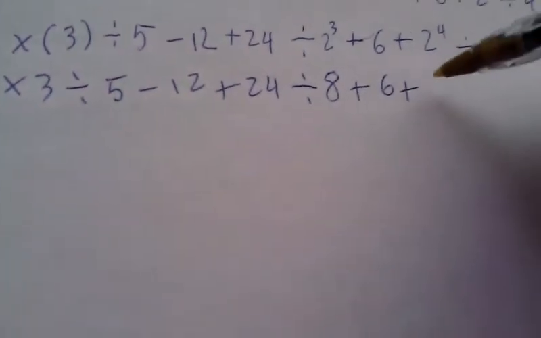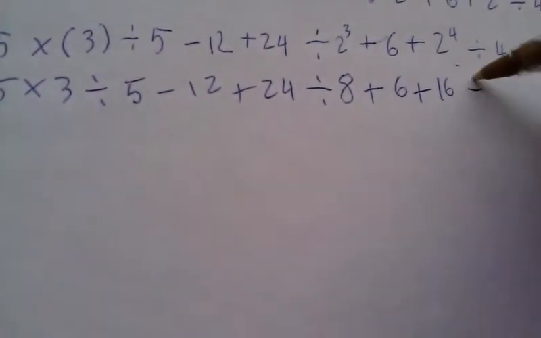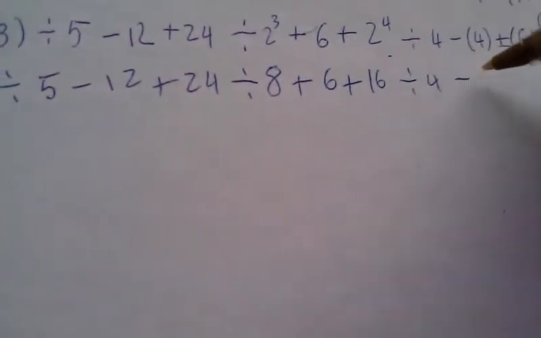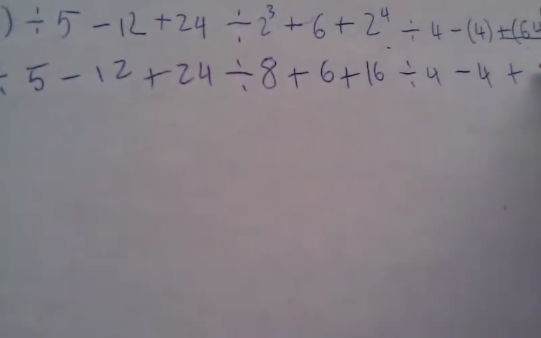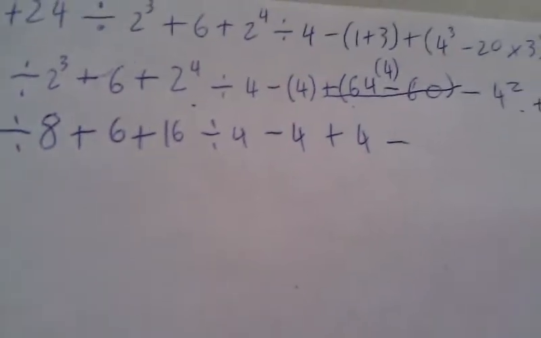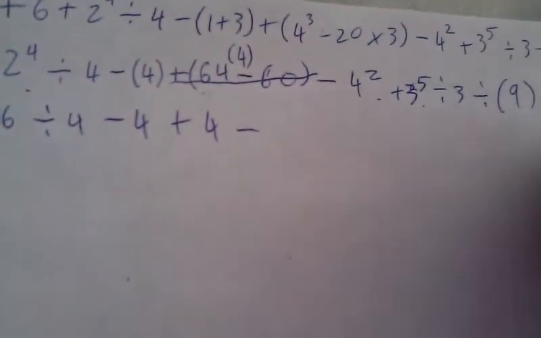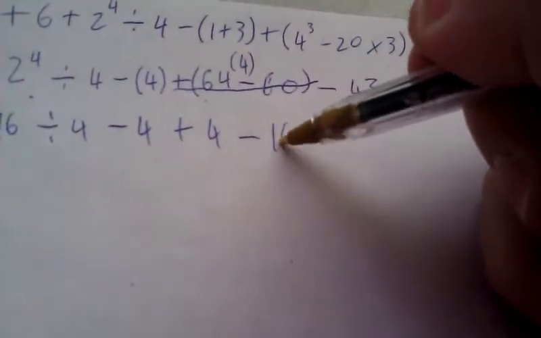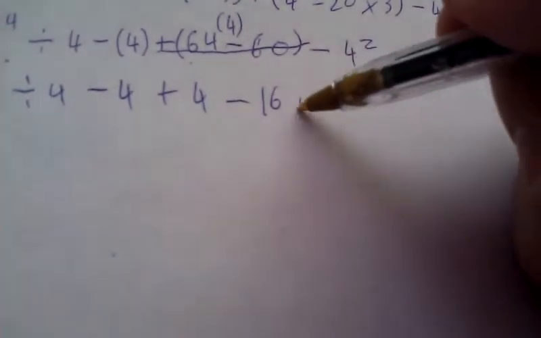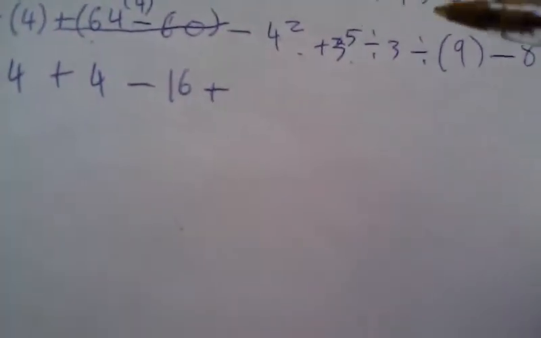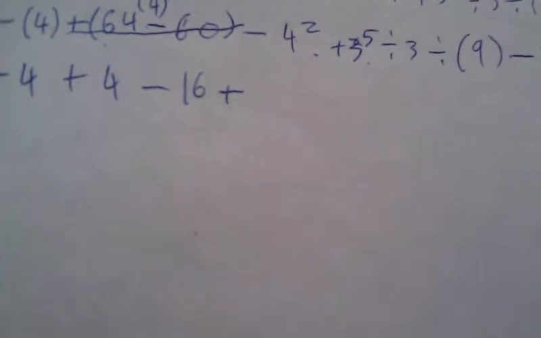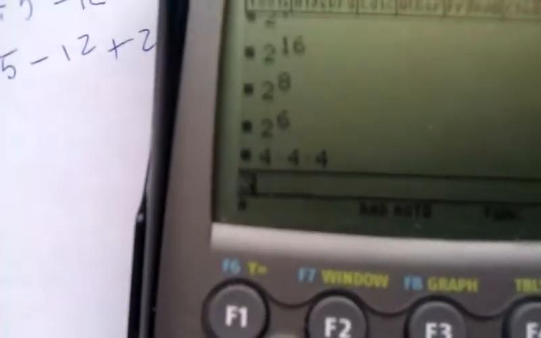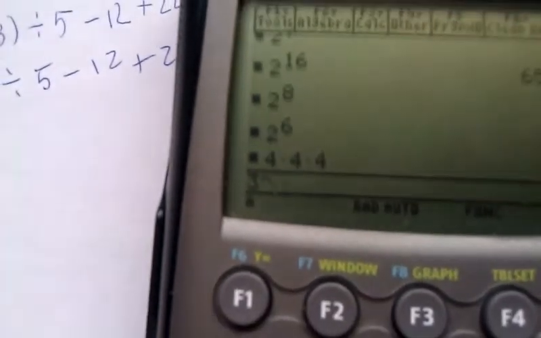Then 2 to the 4, that is 16. And here's a 4 squared, that's 16. Okay, here's a 3 to the 5. That's 243.